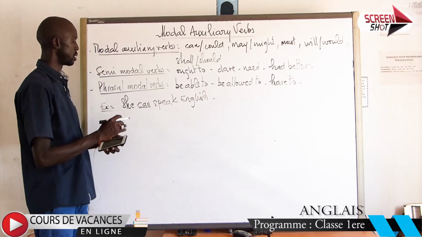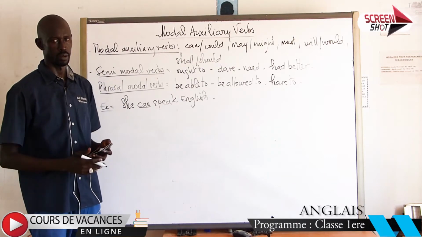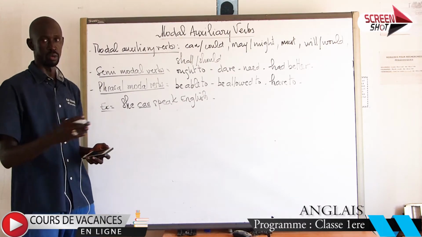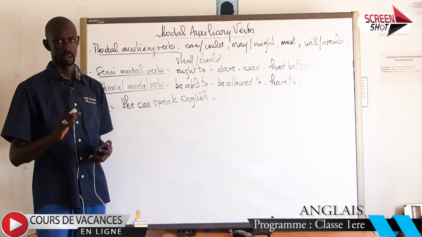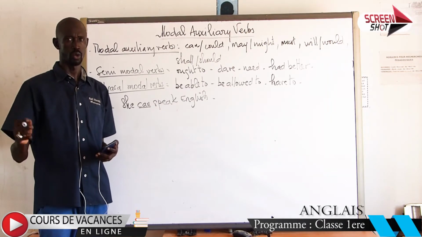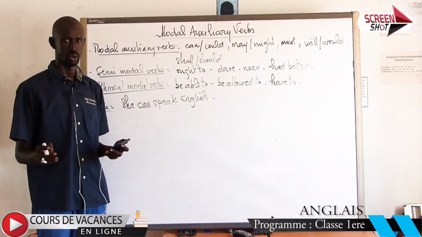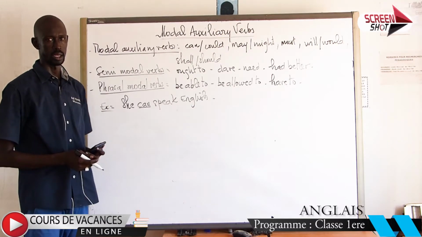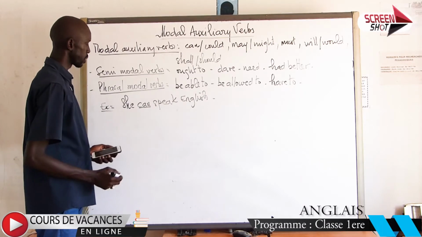They say that the modal verbs are used to introduce other verbs. So it's not possible to say only she can English, or she may tomorrow, or she must parents. It's not possible. The modal verbs are used to introduce another verb. That's why we have here she can speak English.